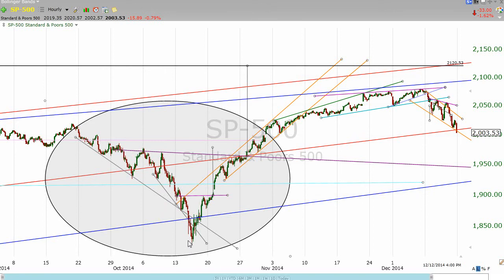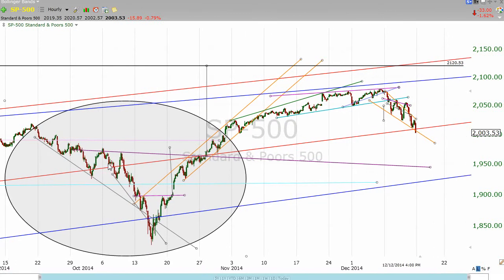Now, fast forward, and I'm going to keep this part on the chart because we're going to relate what has happened right here after we broke support right there with what has happened after we broke support right here. Okay, we had an initial downward move, like the first initial downward move.